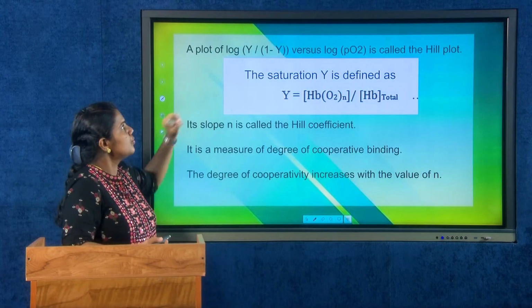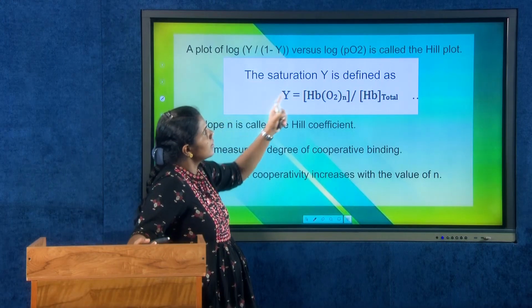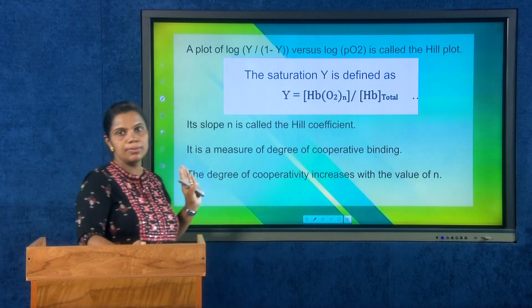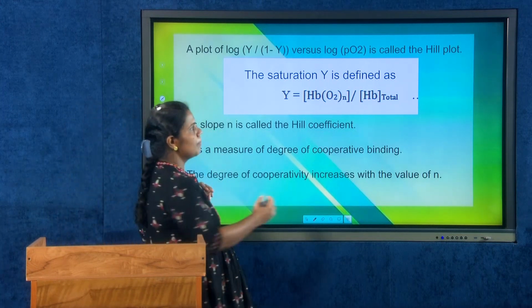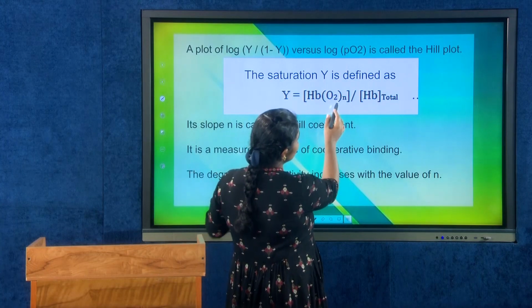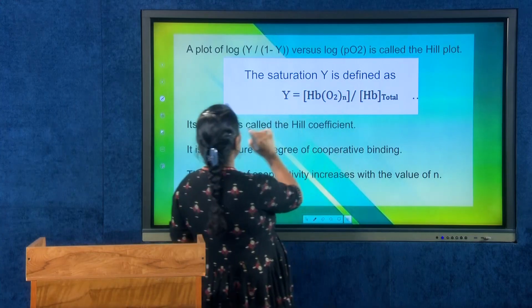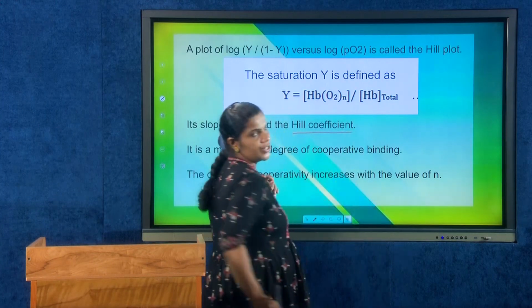The plot of log y by 1 minus y versus log partial pressure of oxygen is the Hill's plot. Here y is given by the concentration of the bound hemoglobin divided by the total hemoglobin, and the slope of it is called Hill's coefficient.